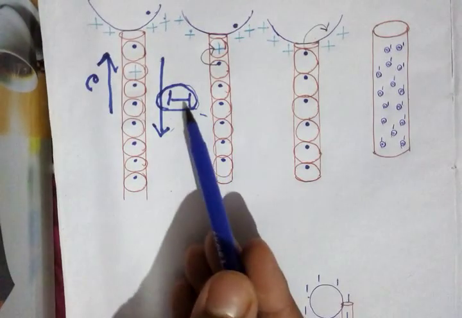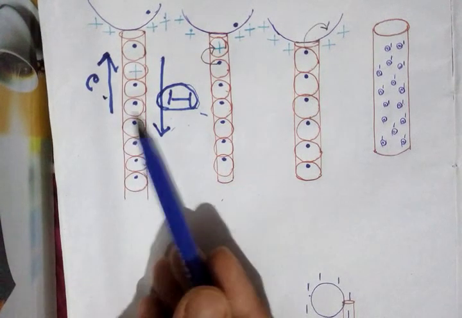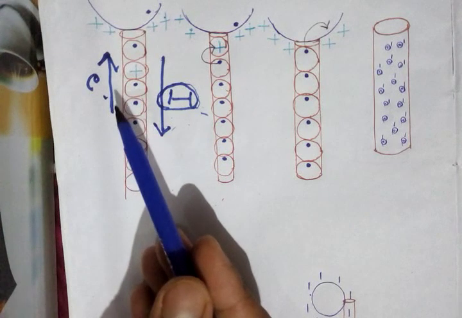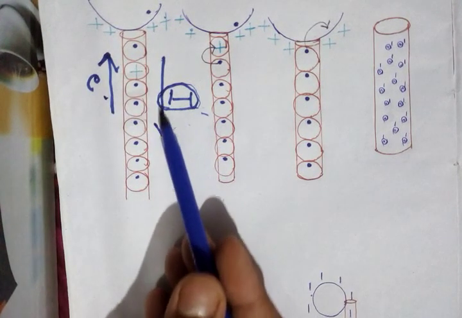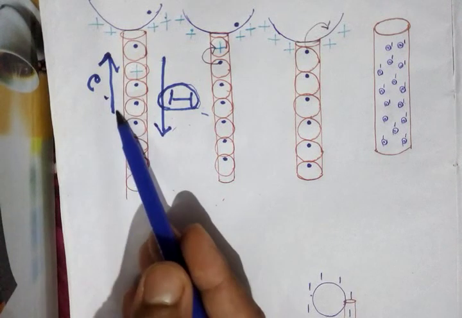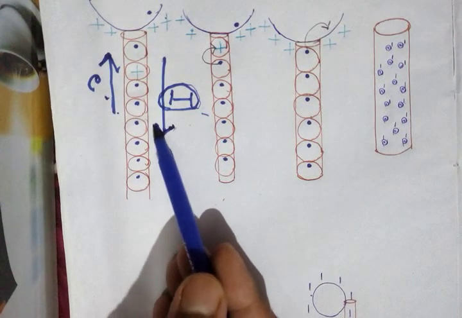This is called current and this is flow of electron. So we have to remember this thing: the flow of electron is always opposite to the direction of current.